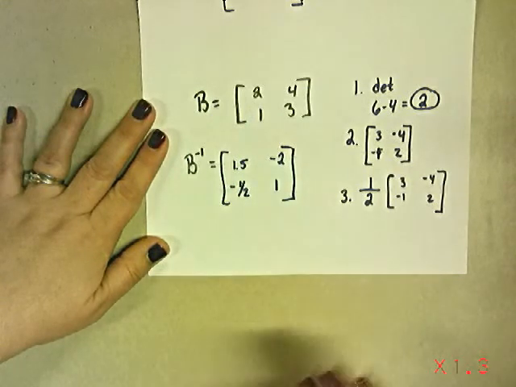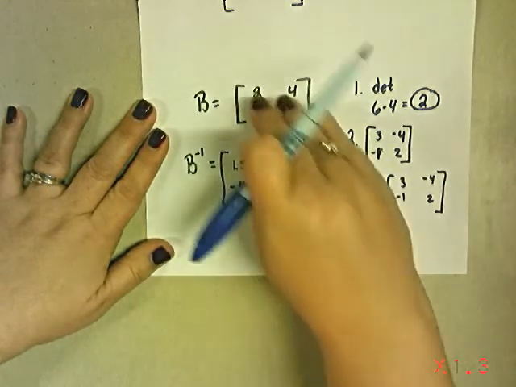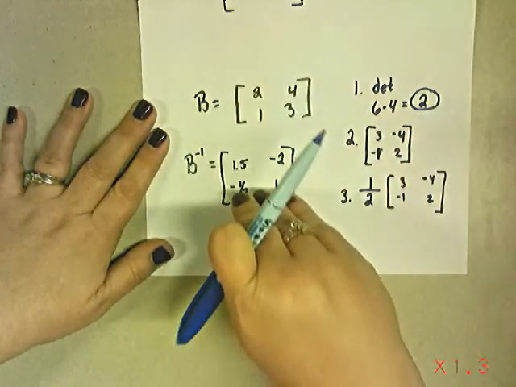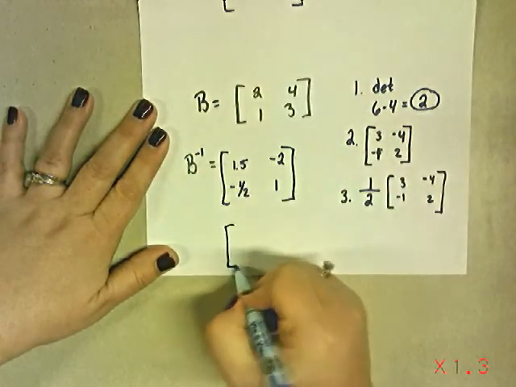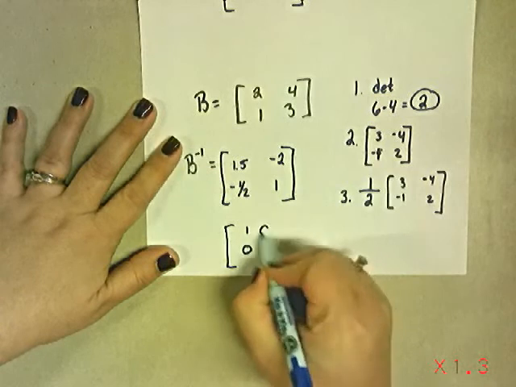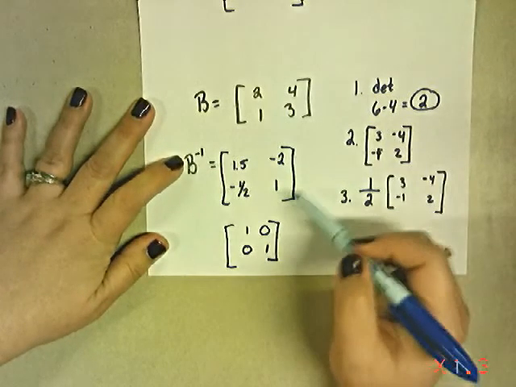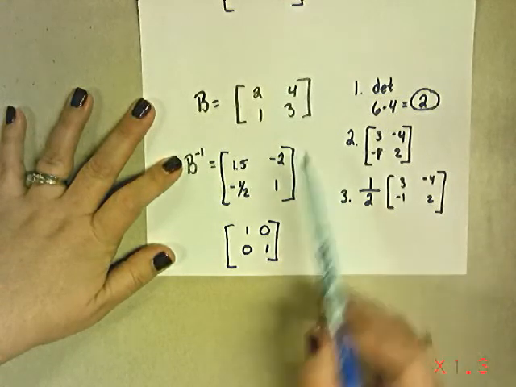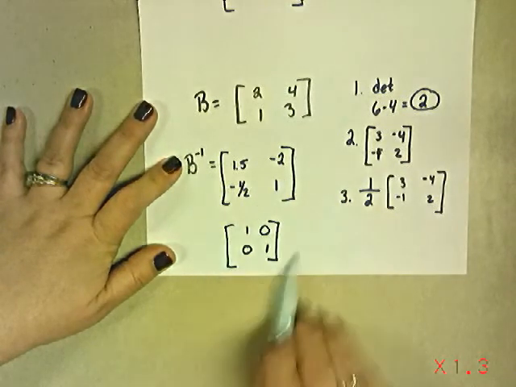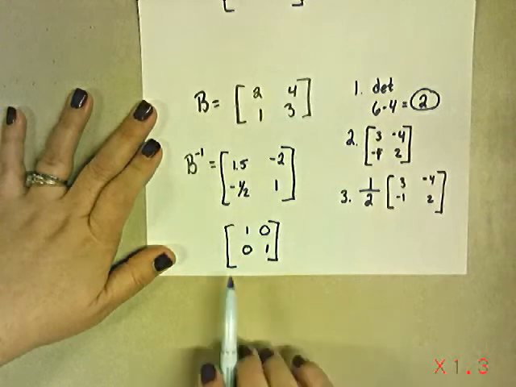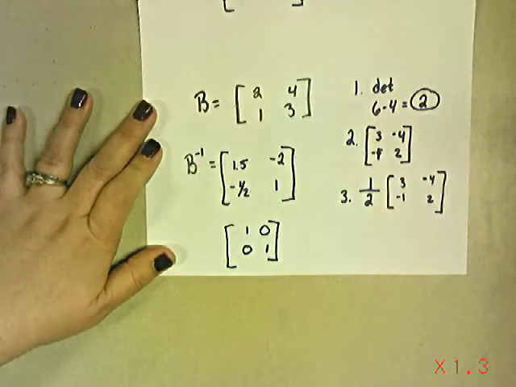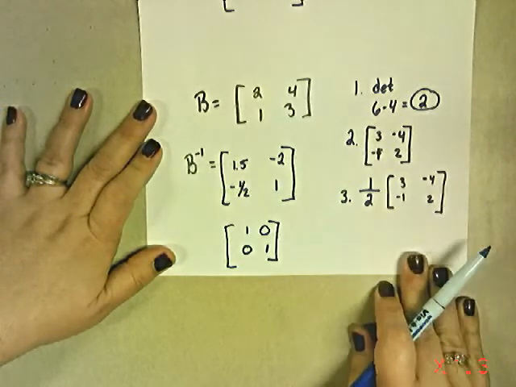And again, what does that mean? That means if I were to multiply this matrix times this matrix, I would end up with that identity matrix. So that's what an inverse matrix does. It allows you to end up with this identity matrix that can help us to basically kind of divide without calling it division.